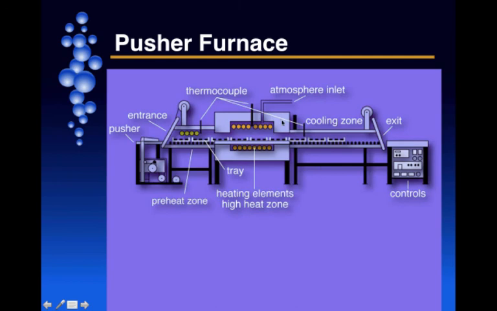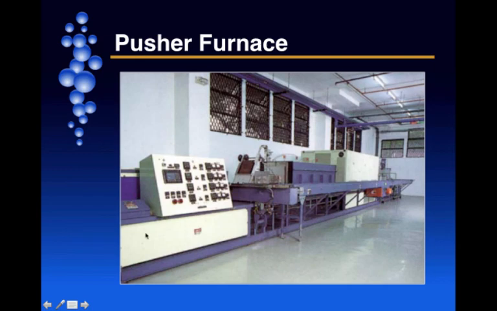And so for injection molding, where you need much higher densification than press and sinter, a lot of the time you will end up using a pusher furnace for production reasons. This is an example of what the pusher furnace looks like. In size, they can go from a benchtop unit for very small production volumes to something that can be a few hundred meters long. And you can get capacities that reach up to 400 kilograms per hour.